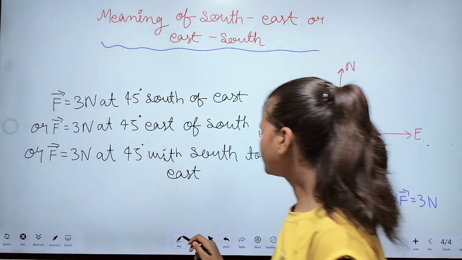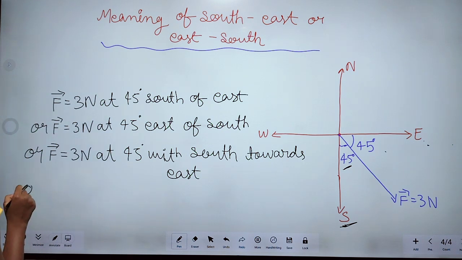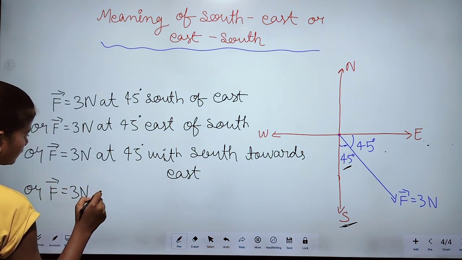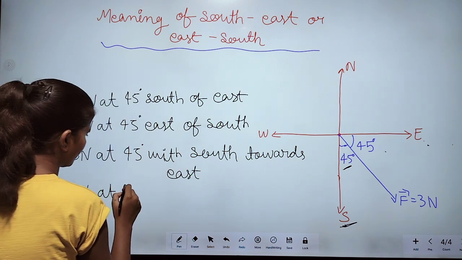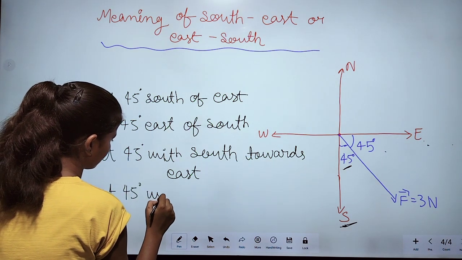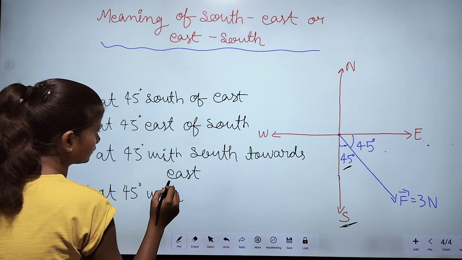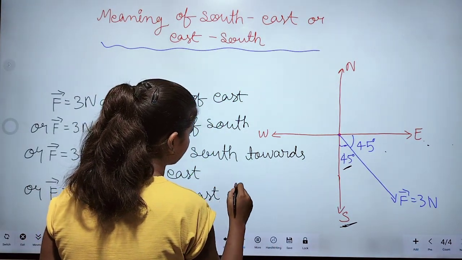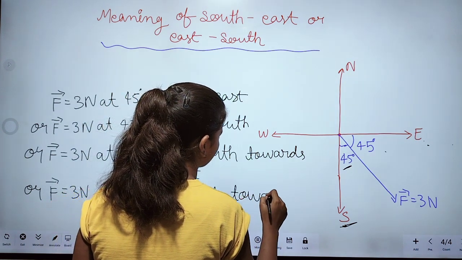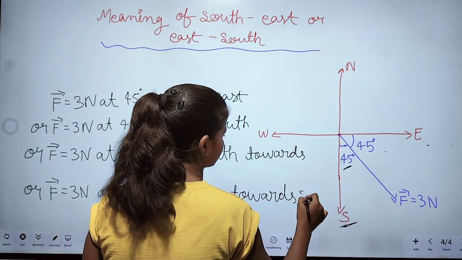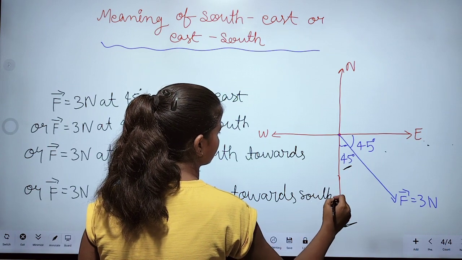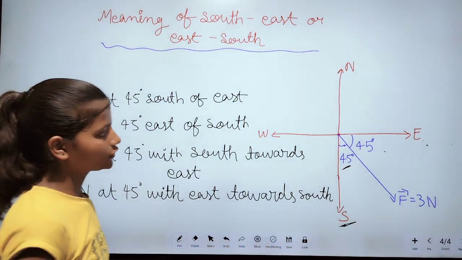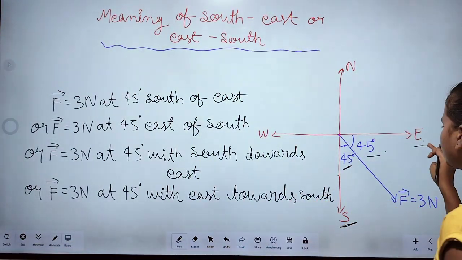Okay, or force is equal to 3 Newton at 45 degree with east towards south. Force is equal to 3 Newton at 45 degree with east towards south.